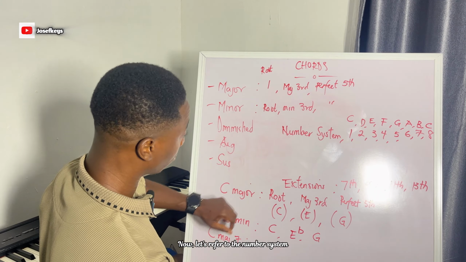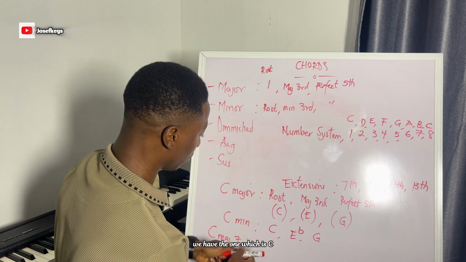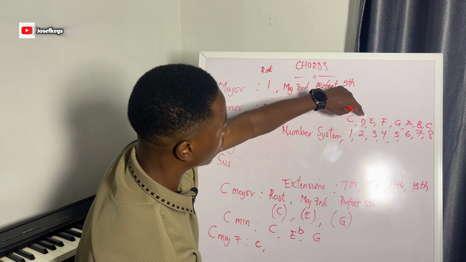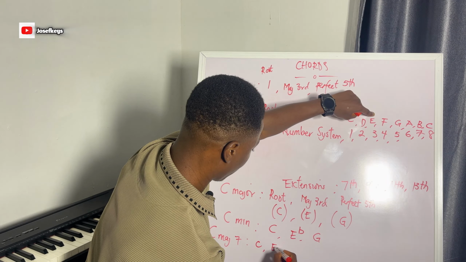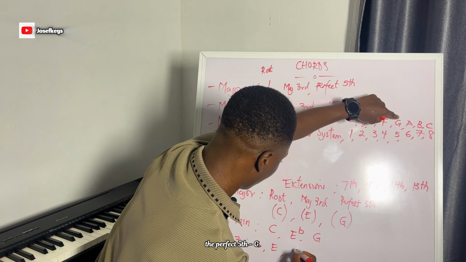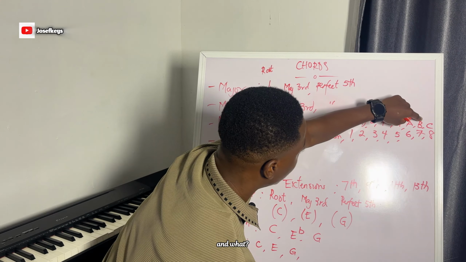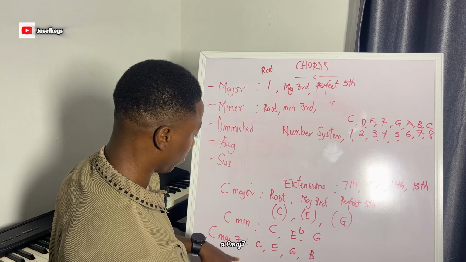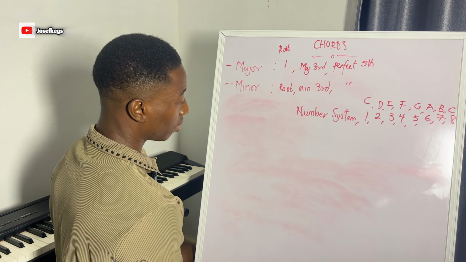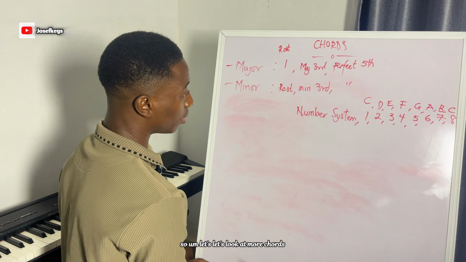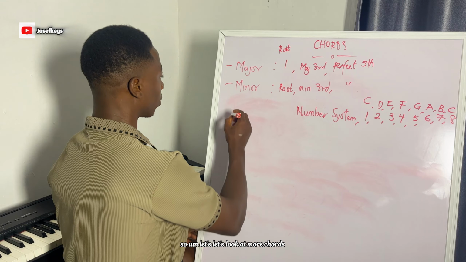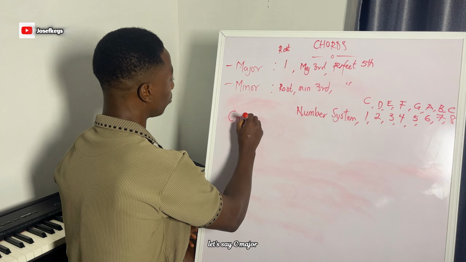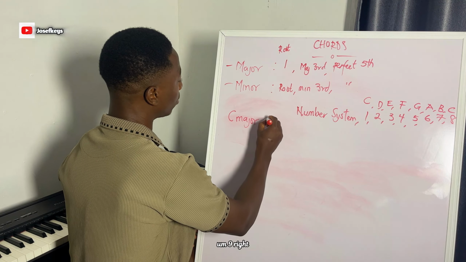Now let's refer to the number system. We have the 1, which is C, E, the perfect fifth G, and B. This makes up a C major 7. So let's look at more chords. Let's say C major 9.